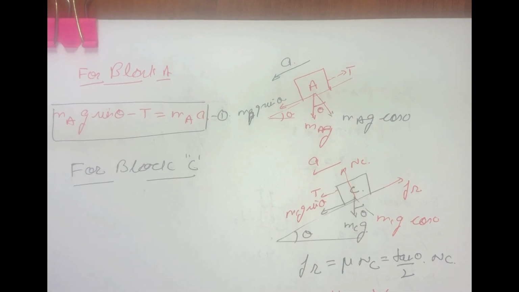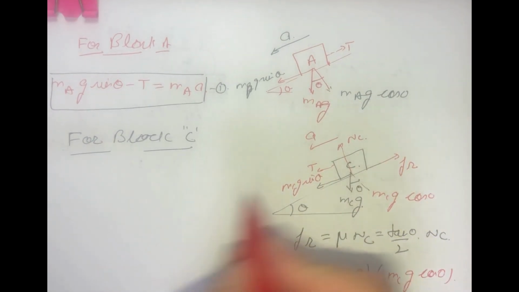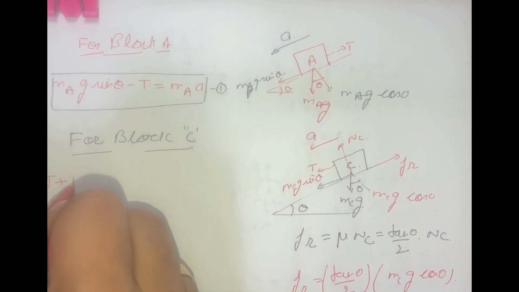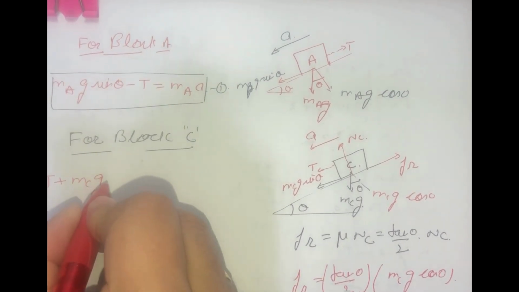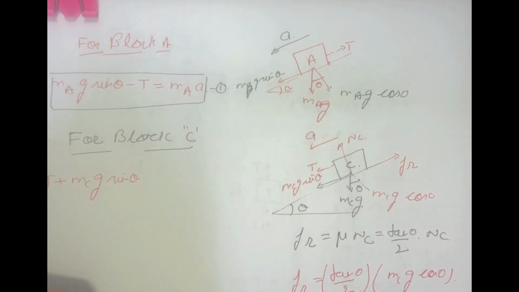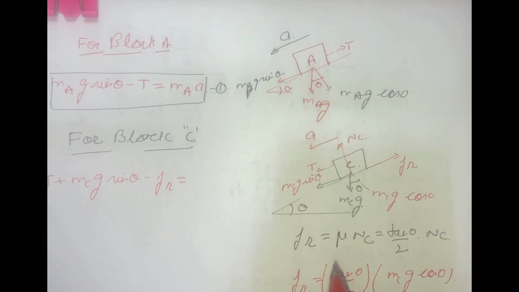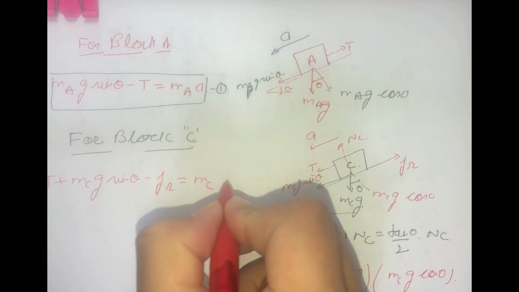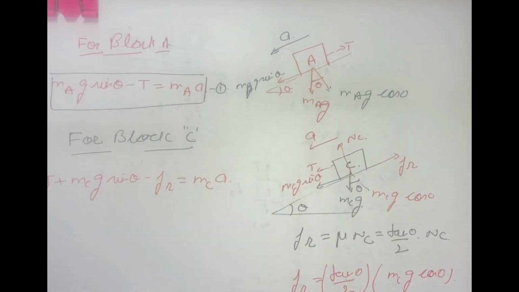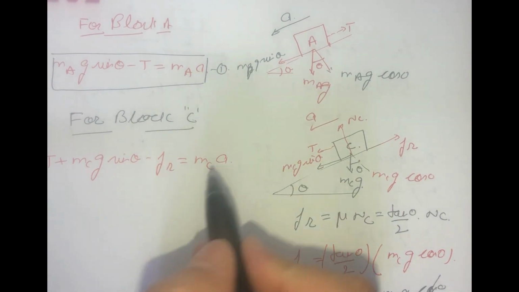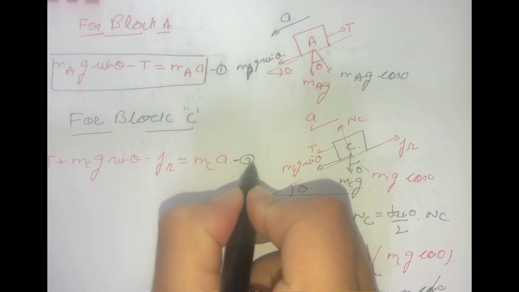Now we can write the equation as traveling in downward direction. So that will be T plus mCg sine of theta, and we have minus Fr is equal to mC multiplied by acceleration A. We substitute the value of Fr. Okay, let us solve it first of all. This is second equation.